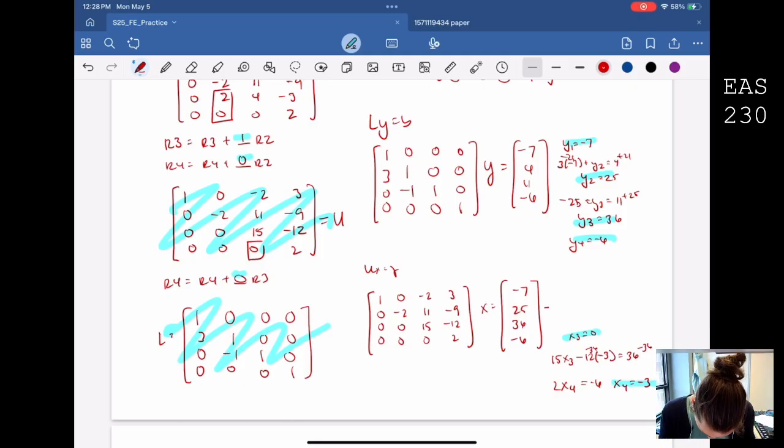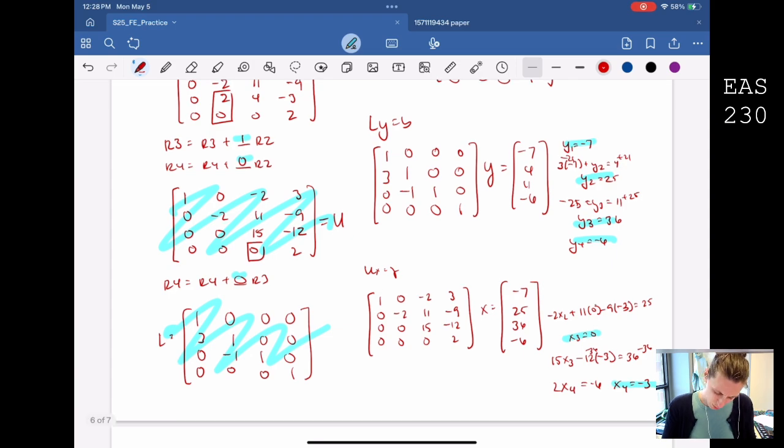So this equation, I can see that -2x2 plus 11x3 minus 9x4 equals 25. So that goes away. This is 27, so minus 27. So x2 ends up being 1.